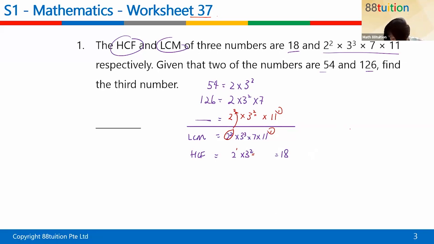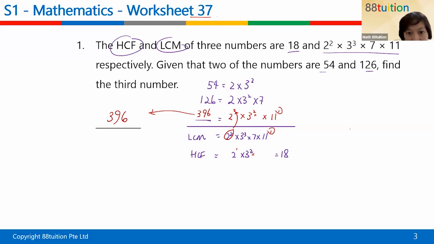So what I have here is 2 to the power of 2 and 3 to the power of 2 multiplied by 11, which I'll get down to 3 and 2, 4, 9, 11, which is 396 here. It's the third number. Okay. This one is playing around with the powers.